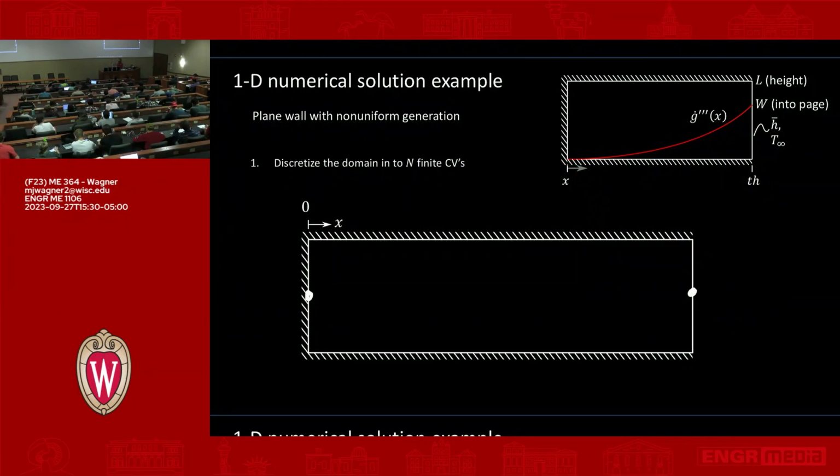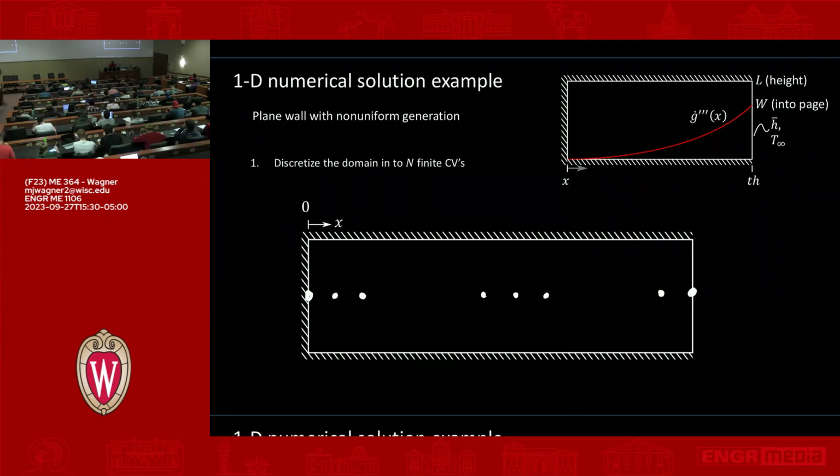We need nodes inside the domain as well. So let's draw equally spaced nodes inside the domain. I'll just pick some in the middle here, and then some on the end. Obviously, you'd have equally spaced all the way through. I'm not just drawing all the dots.